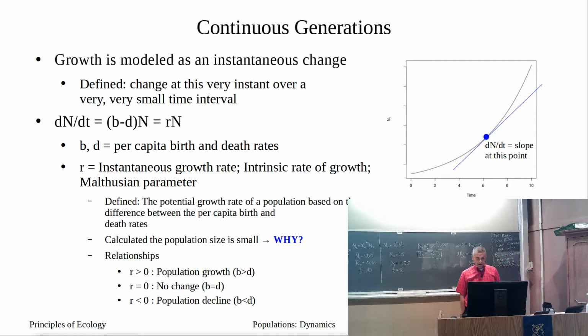All right? So when we calculate this R, we have to do it when our population size is small. And we're talking about right at the very beginning. And the question is why? Why do we need to do that? What's your guess?